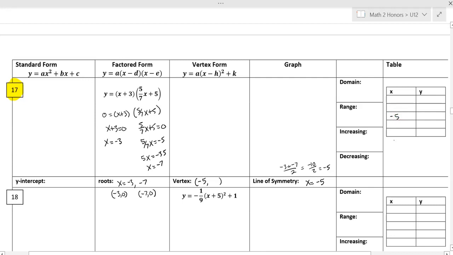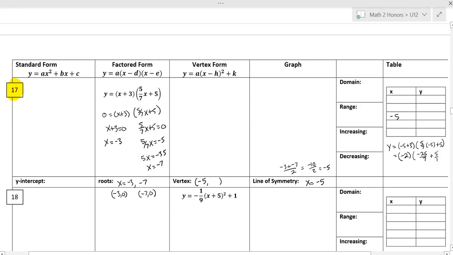And I'm going to plug in -5 into factored form. So if I do that, I get y is -5 plus 3 times 5 over 7 times -5 plus 5. And just start to work through that. I got -2 is -5 plus 3. Then we have a -25 over 7 plus 5 over 1.